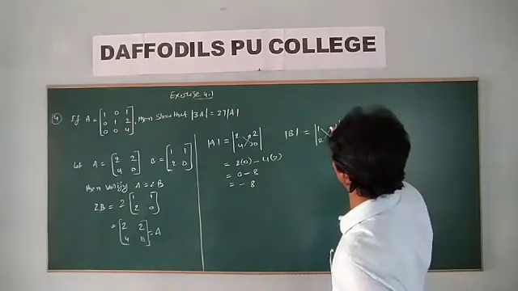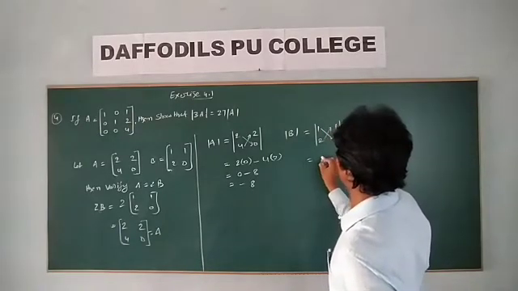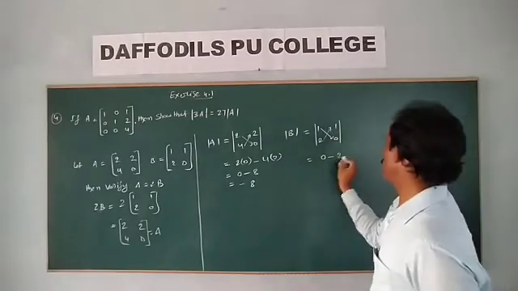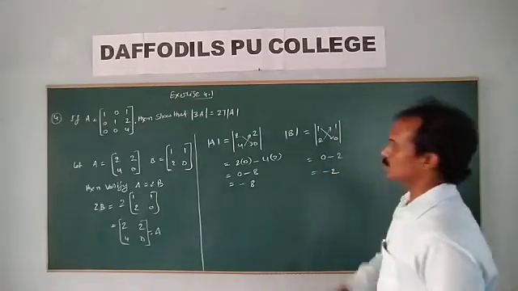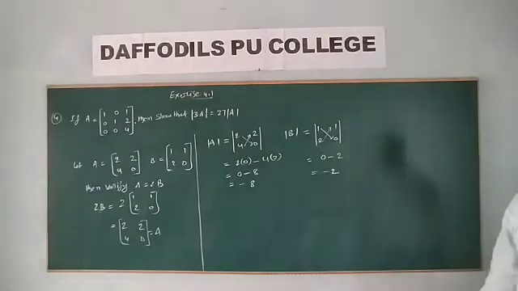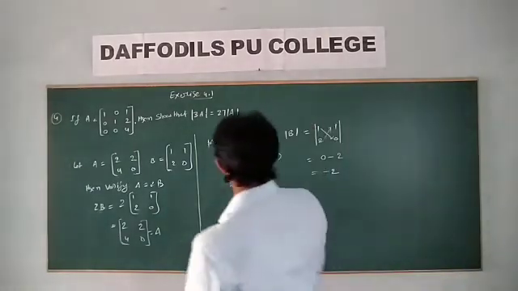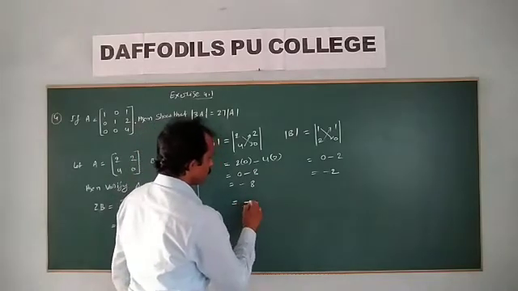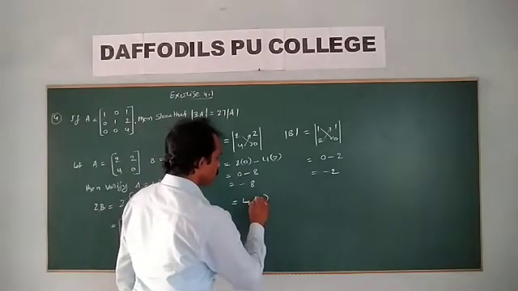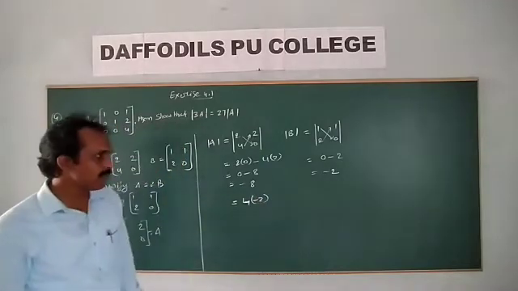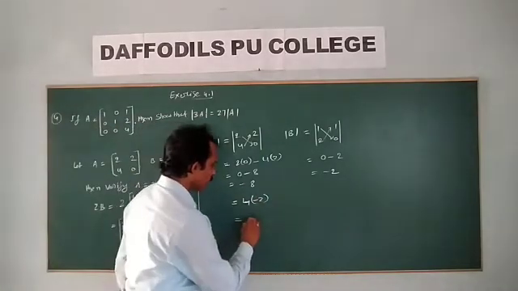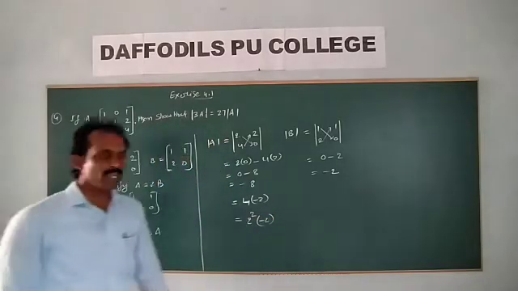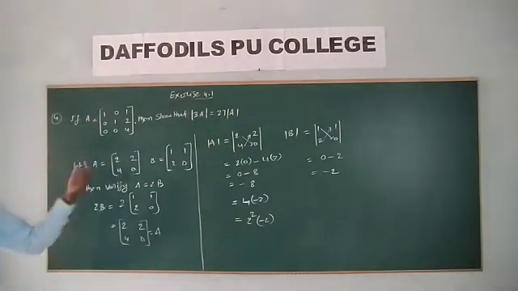What is the determinant? Determinant value is equal to 1 into 0, 0 minus 2 into 1, 2. That implies minus 2. I will write this, 4 of minus 2. 4 can be written as 2 square, times minus 2.